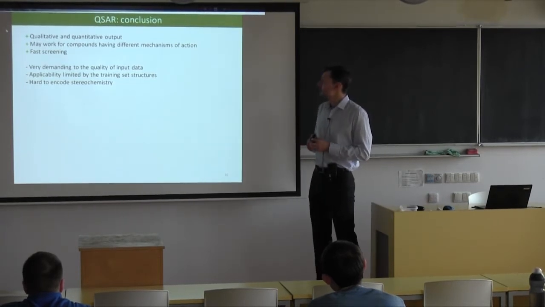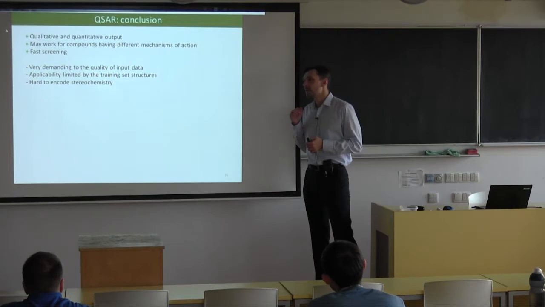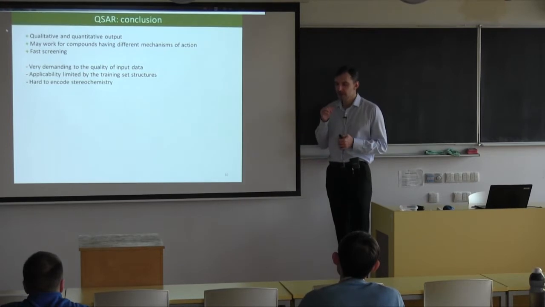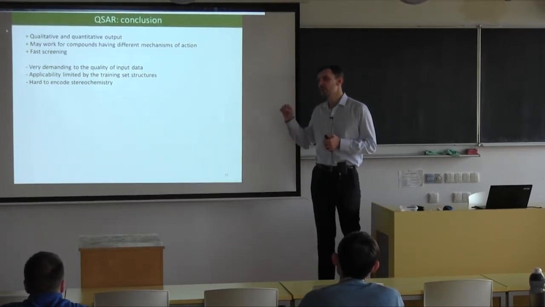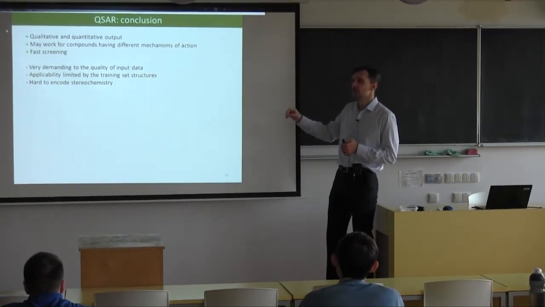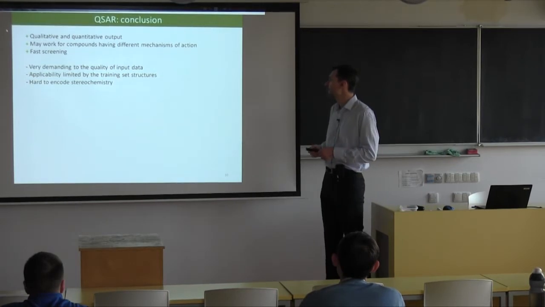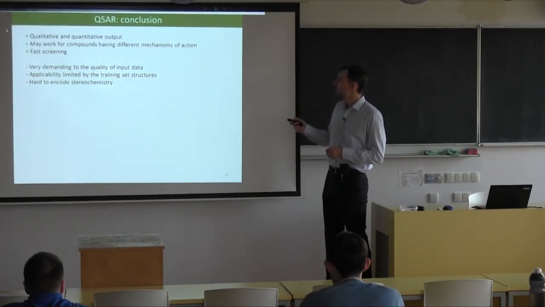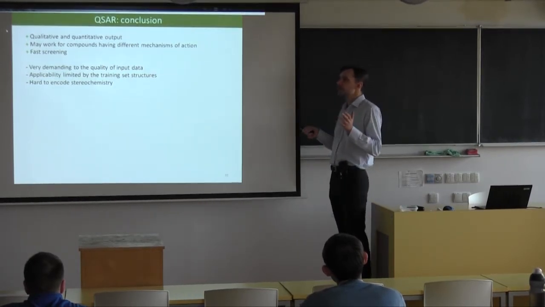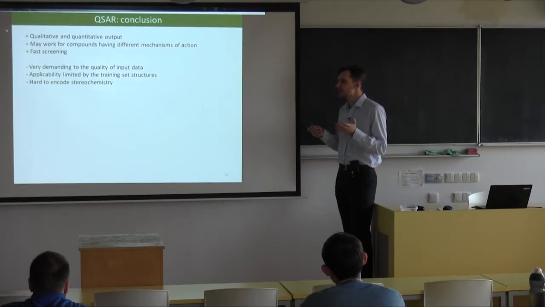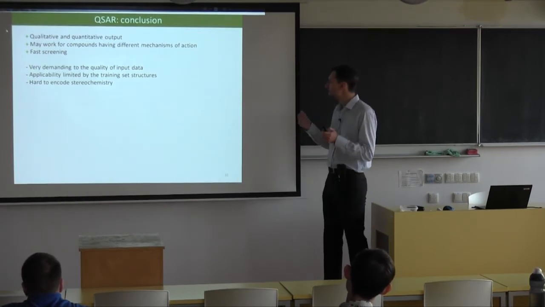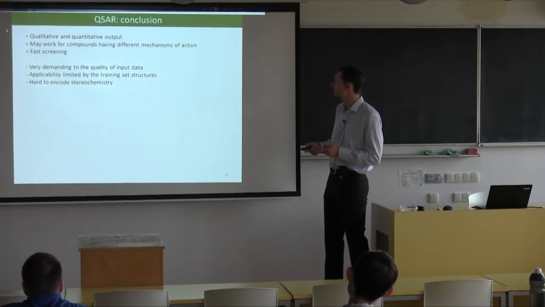A disadvantage of QSAR is that you should curate your data very carefully, because it has a major impact on the quality of your models. Otherwise, garbage in, garbage out. You should also define the applicability of your models, and this is not an easy question. There are a lot of measures of applicability domain, and there is still no consensus on which one is better or worse. That's also an open question.